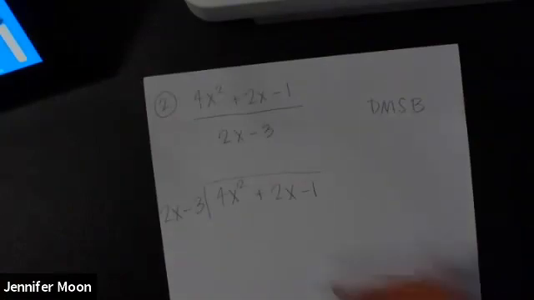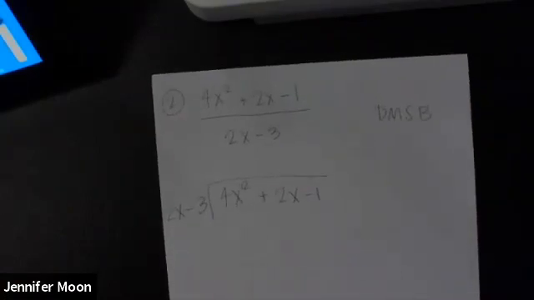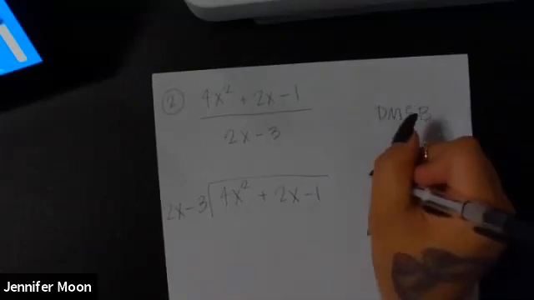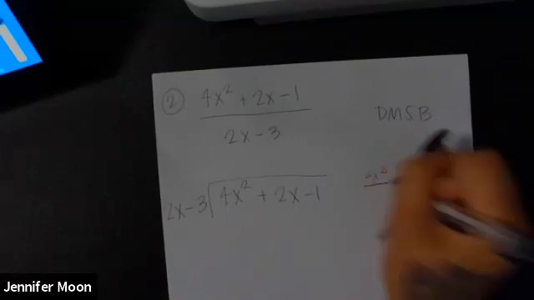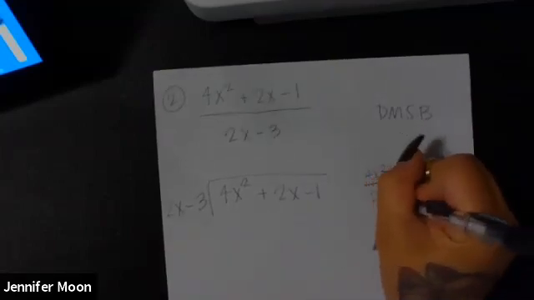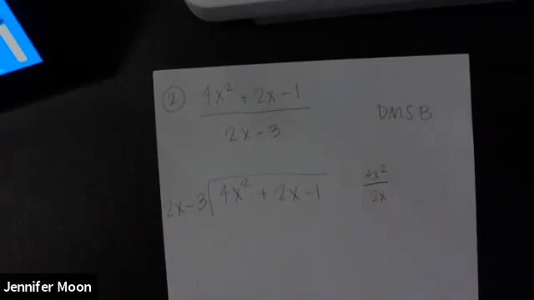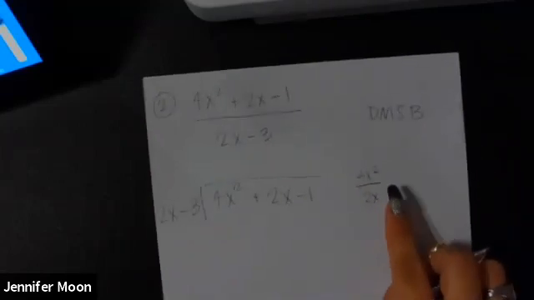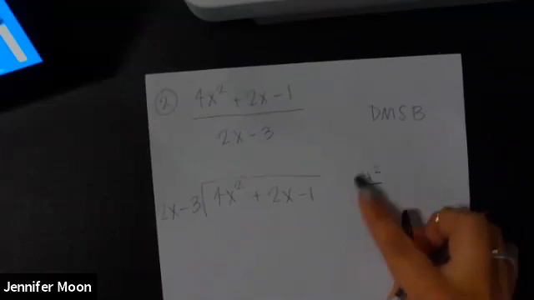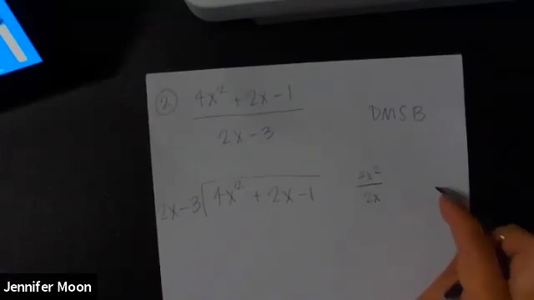Okay? So what you do is you take the first term in your dividend and you divide it by the first term in your divisor. This answer, the little quotient that I get here, I'm writing it like this so I can see what it is beforehand because I'm going to line things up, okay?